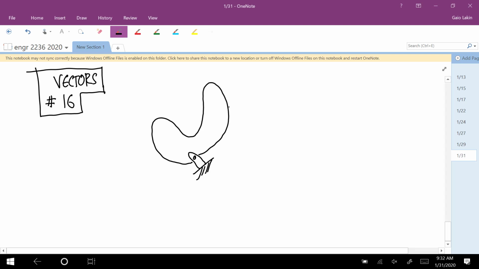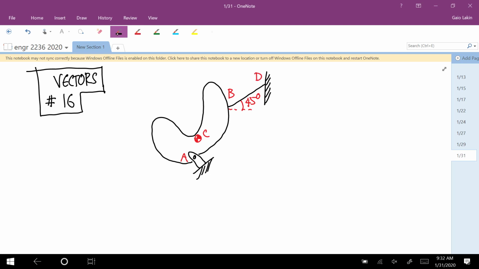And there's a cable that connects to the wall, and this angle is 45 degrees. And the center of mass is here. Let's call these points A, B, C for center of mass. The cable length is 0.5 meters.